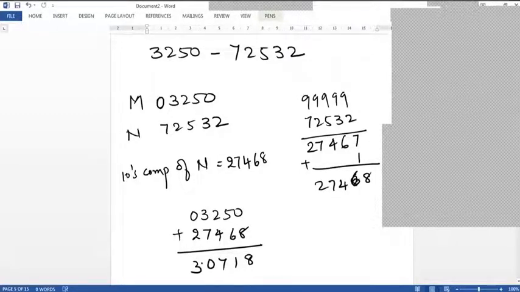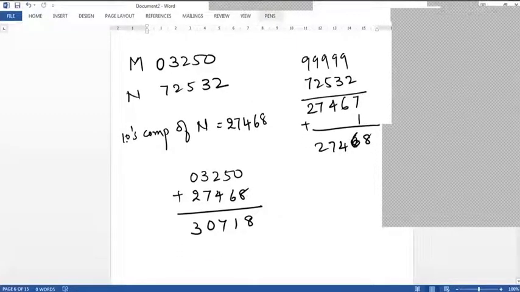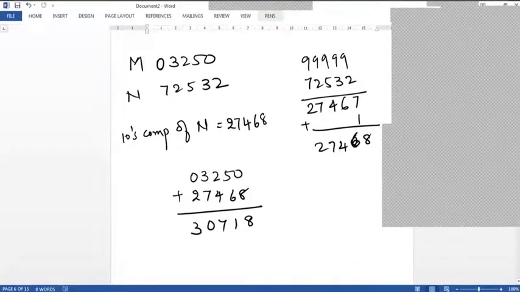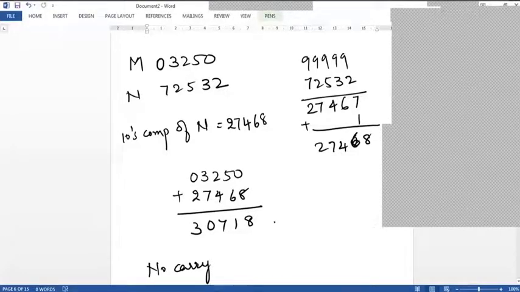Did you get 30718? All of you? Yes. Here no carry. ये भी 5 डिजिट का नंबर है. So what we have to do?